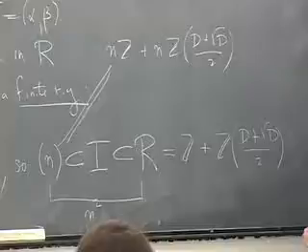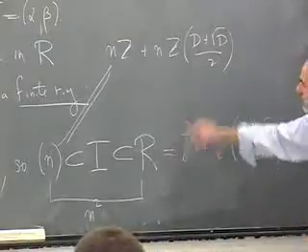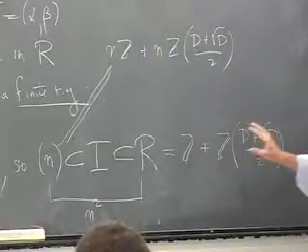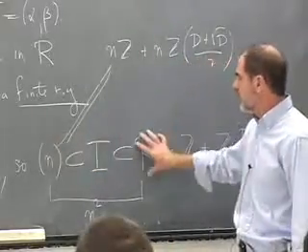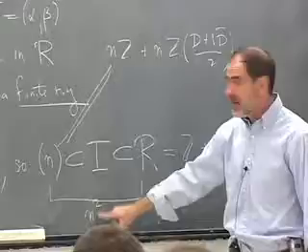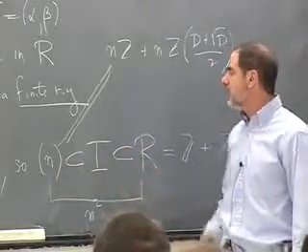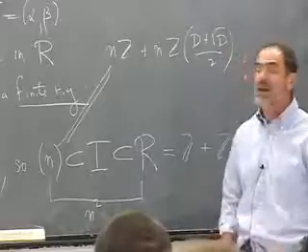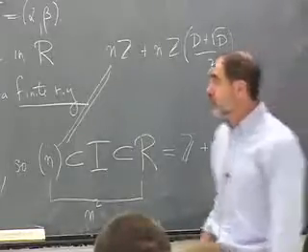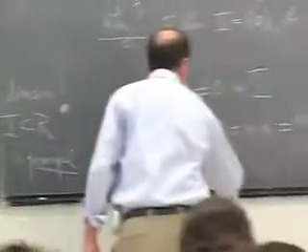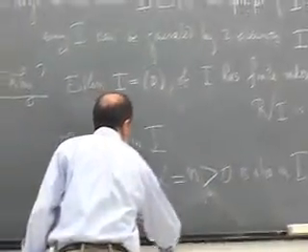There are n squared possibilities for A mod n and n squared possibilities for B mod n. So the index of this principal ideal in the ring is n squared. And I is squeezed between this and this. So the quotient R mod I is finite, and the index of I in R is less than or equal to n squared.